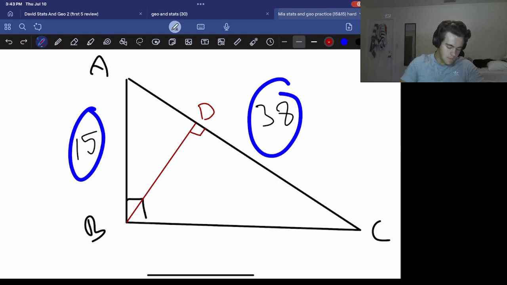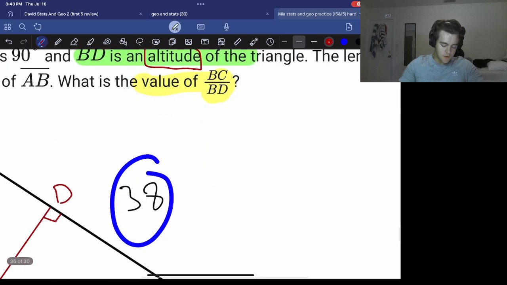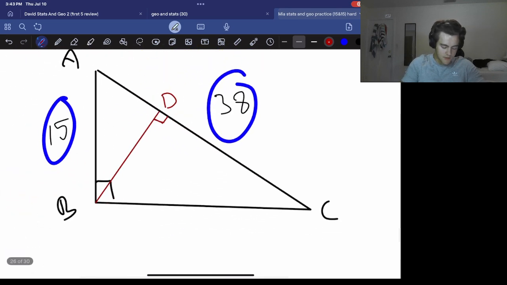And also, it is perpendicular to the hypotenuse. That's the definition of an altitude. So perpendicular to the hypotenuse, check, because it's 90 degrees here.